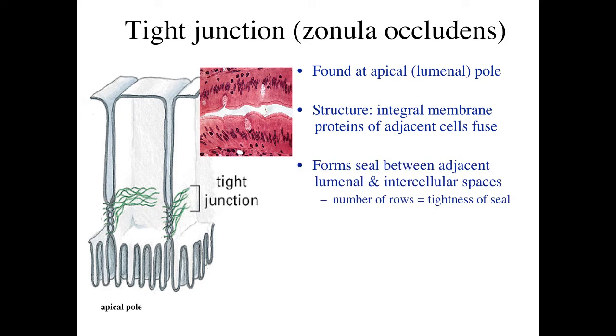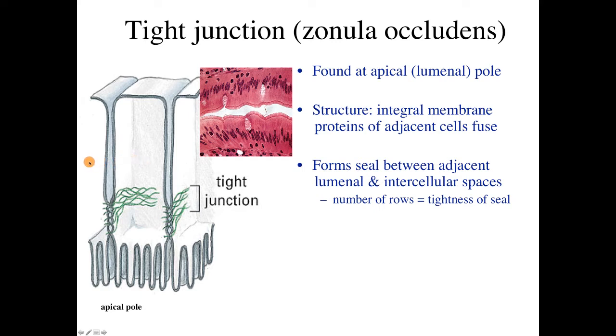Integral membrane proteins of adjacent cells actually fuse. The zonula occludens forms a seal between adjacent cells, separating the luminal and intracellular spaces. So, for example, if this is luminal space would be in here. This would be intracellular space here, and intracellular space here, because you would imagine this would be a cell like this.